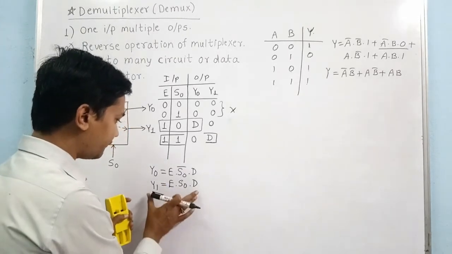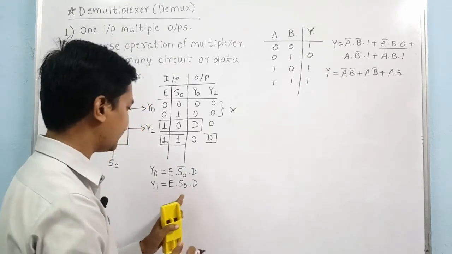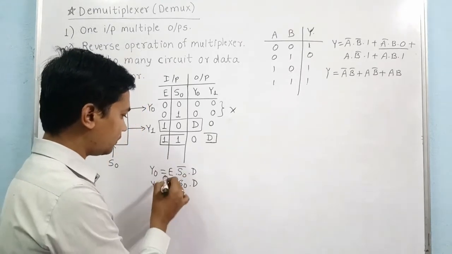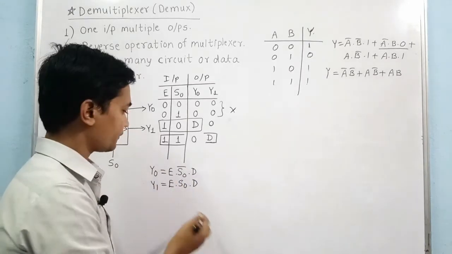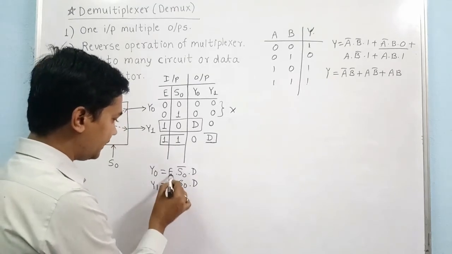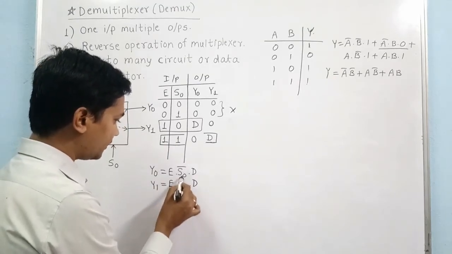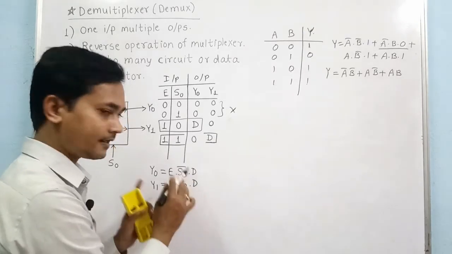Now from these equations we will implement the circuit using the gates. For implementing this kind of circuit as a demultiplexer, we should have E line, S0 line, S0 bar line and D line. So a total of 4 lines are required here.